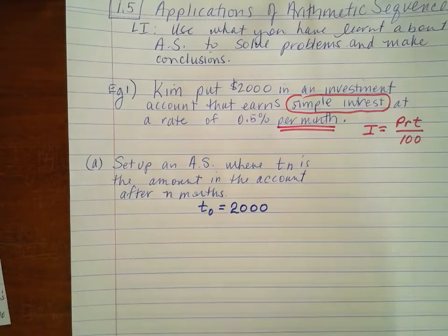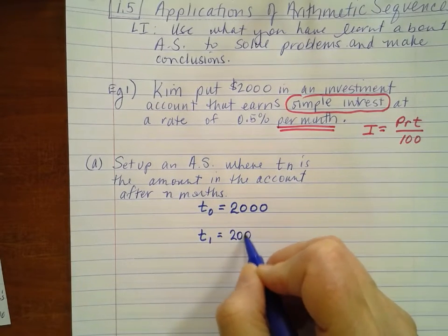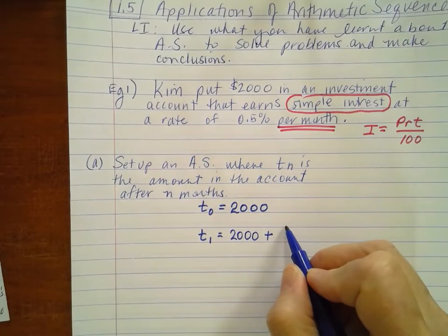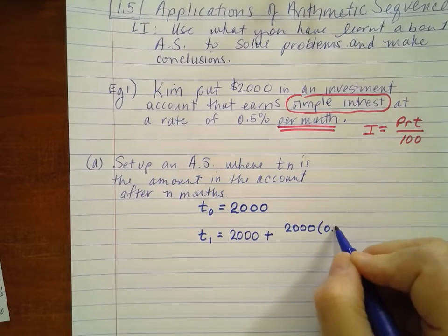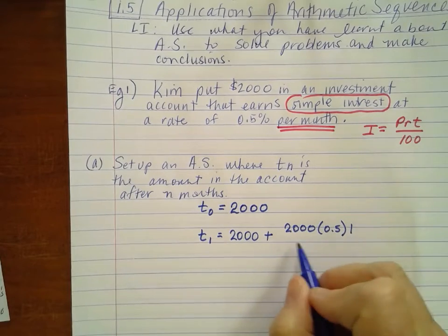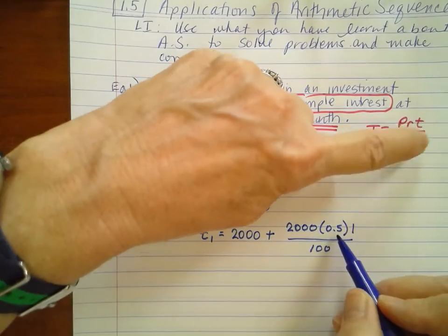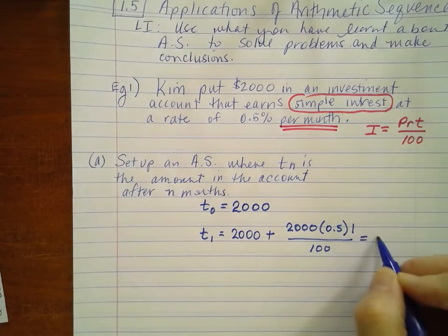And T sub 1 is that much money she started with, plus 2,000 times 0.5 times 1 over 100, because I have the principal, the rate, and the time, 1 month, over 100.